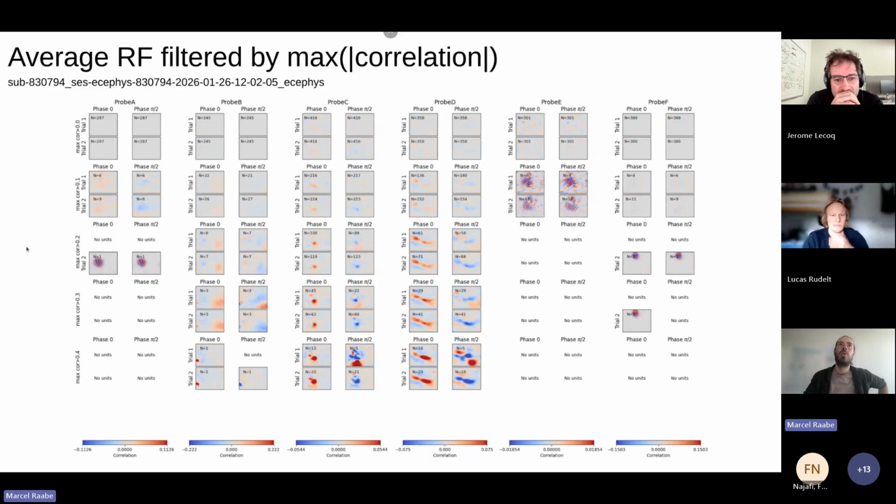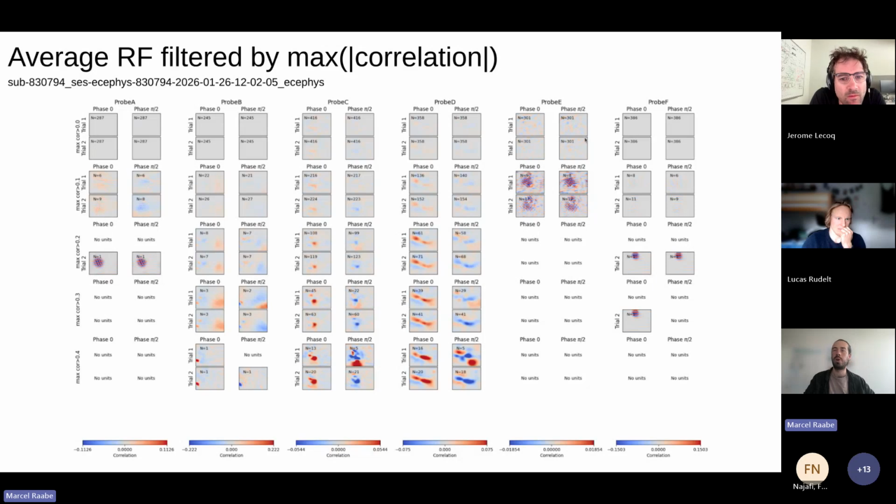Basically each row shows results for a different probe, and I average all the correlation maps I find on this specific probe. Then I introduce a threshold, which throws out correlation maps that have a maximum below a given value, and these are the rows.